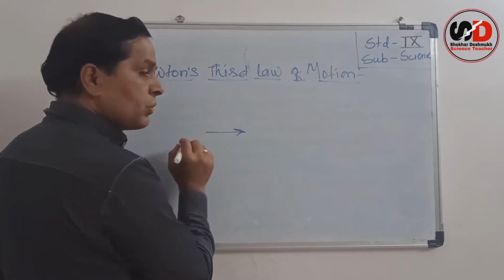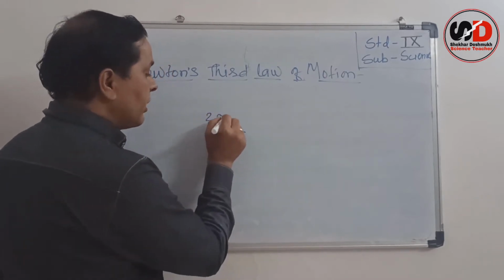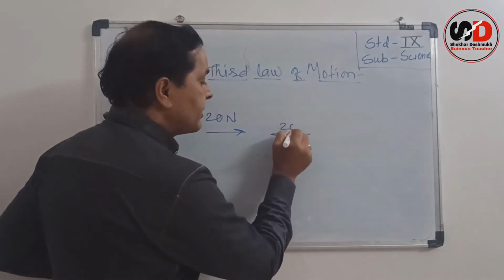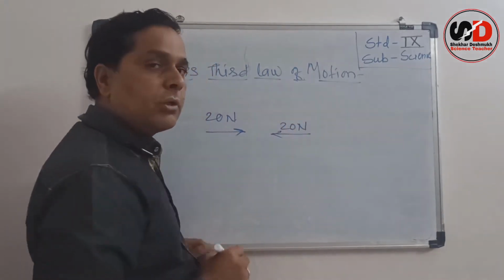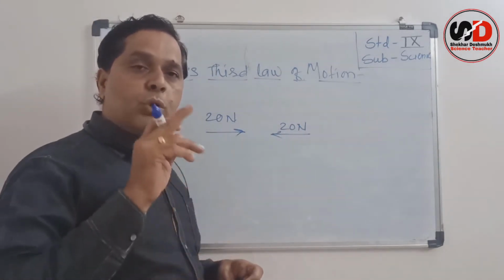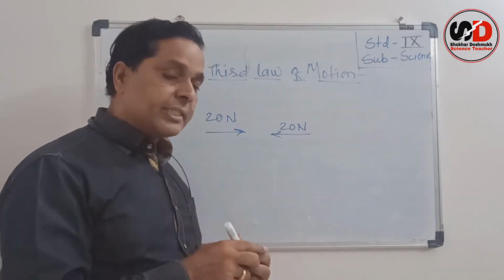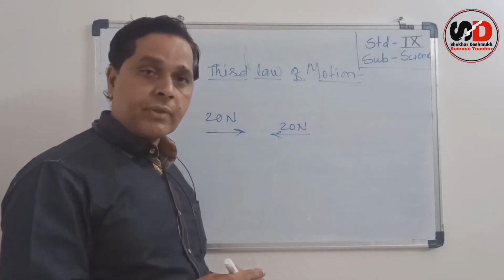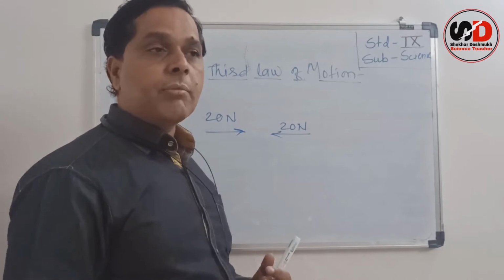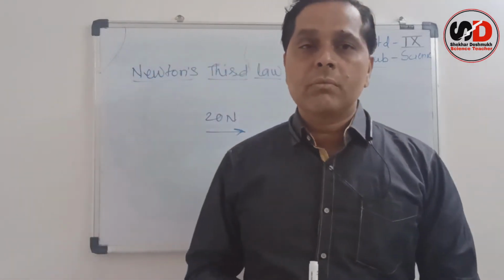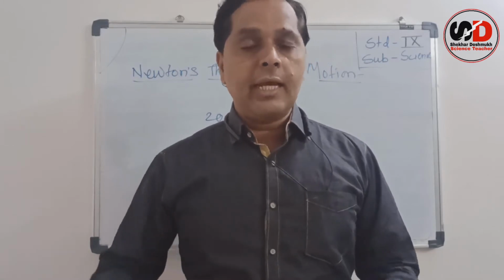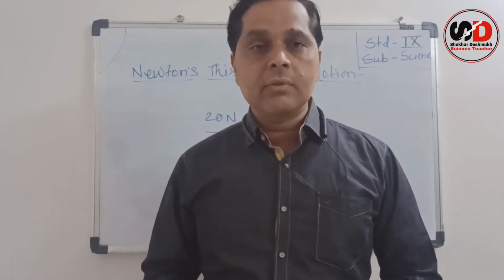If the action force is 20 Newton, then the reaction force must be the same amount, that is 20 Newton. Their directions are opposite. And both these forces appear simultaneously, they act at the same time. I always tell in class that a practical example can be given in the classroom. Maybe I cannot give it here.